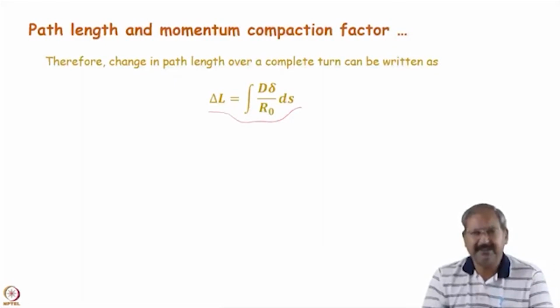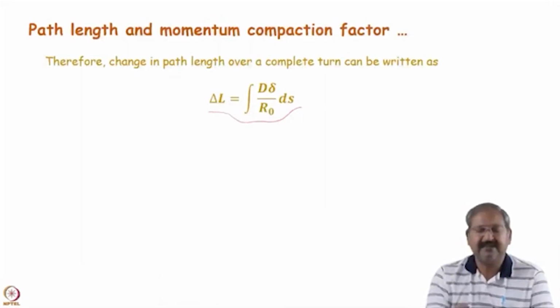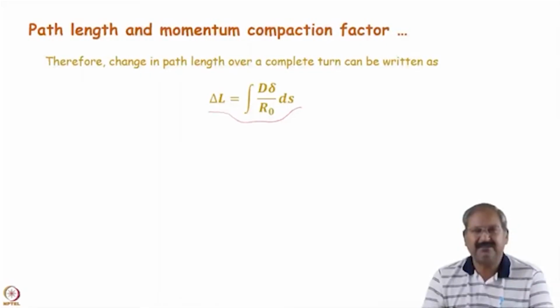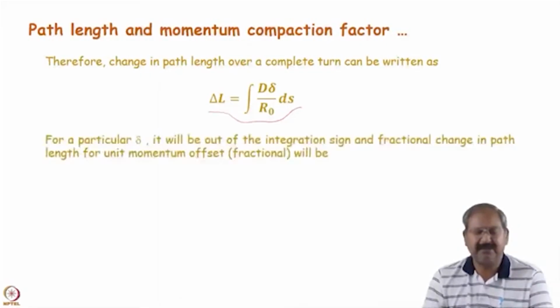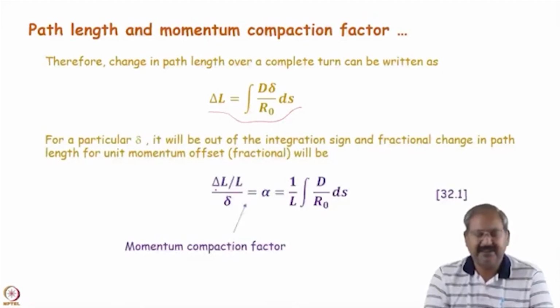In between this travel, delta remains constant, or you can say we are talking about a particular delta, and for that particular delta we can define delta L by L for a unit fractional change of momentum.